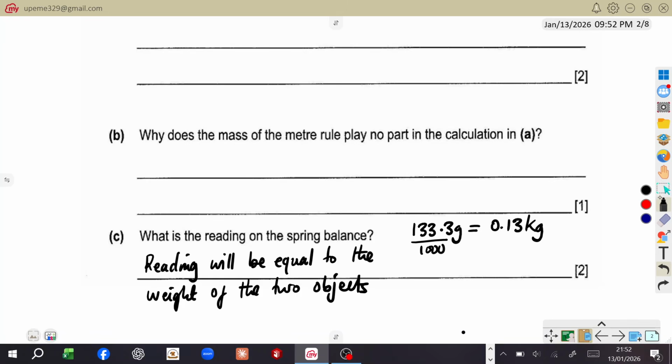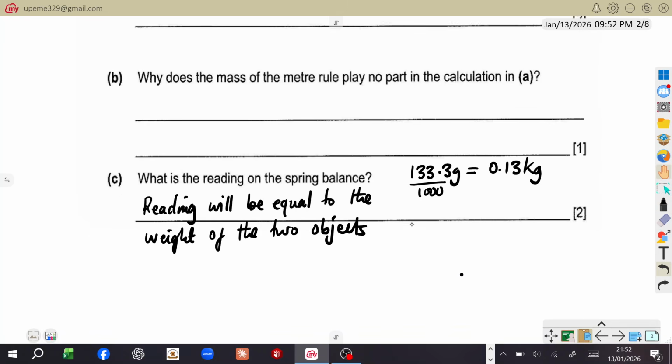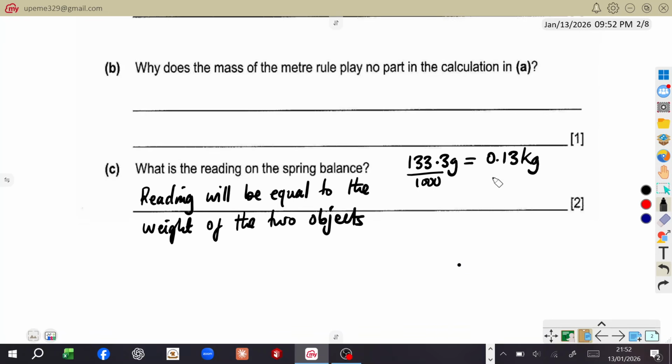So how is it going to be found as weight? Weight has a formula: weight is equal to mass times acceleration due to gravity.